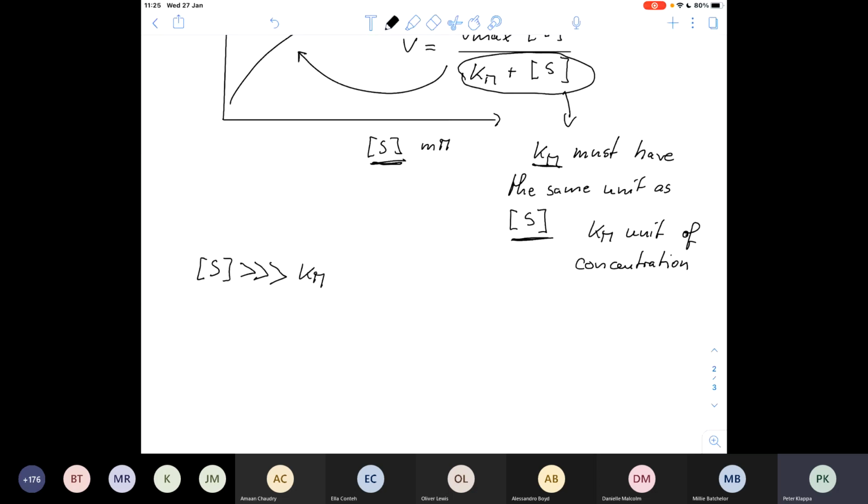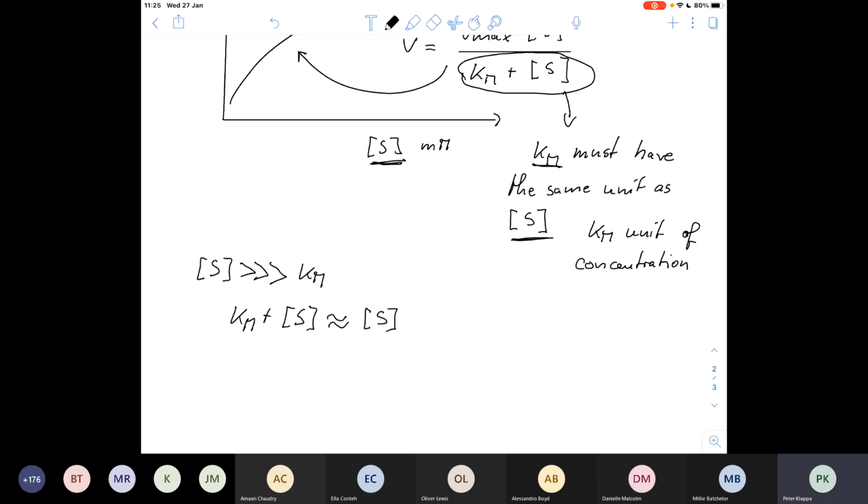Well done. Now, if our substrate concentration is much larger than Km, what we can write is Km plus the substrate concentration. And if the substrate concentration is much larger than Km, then this is roughly, and I indicate that with this double wavy symbol, we can substitute it by just saying this is very close to S, the substrate concentration.